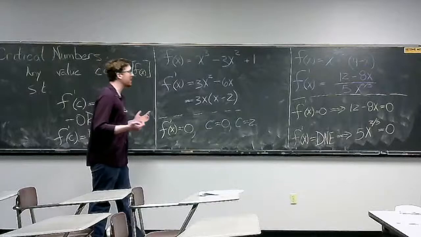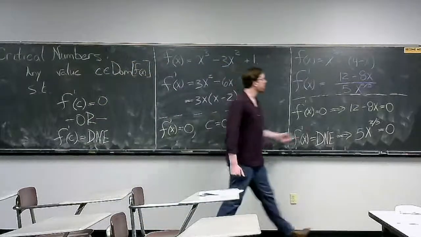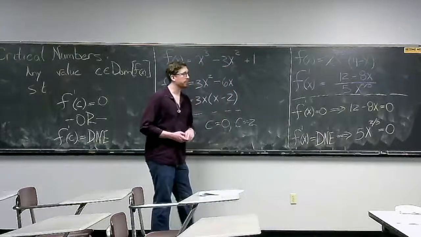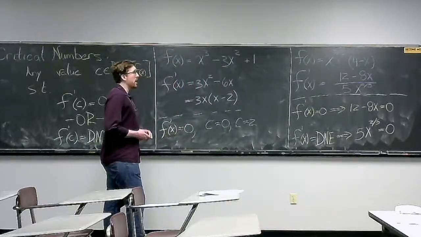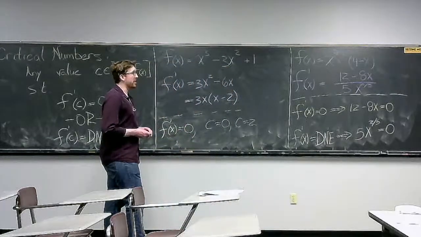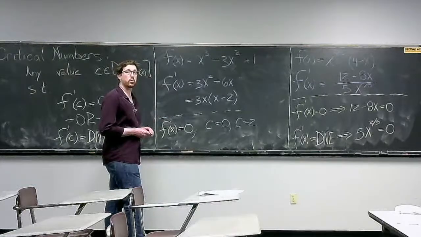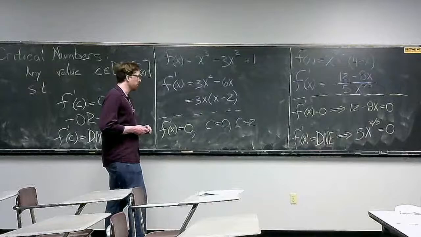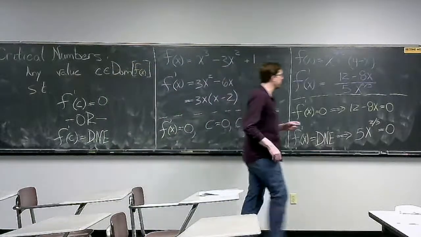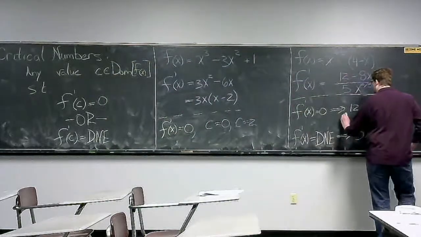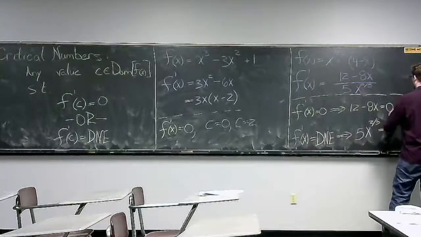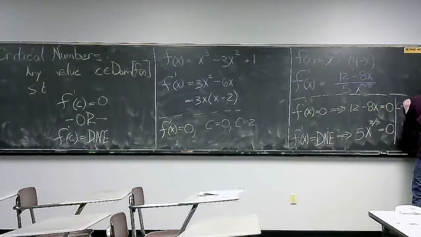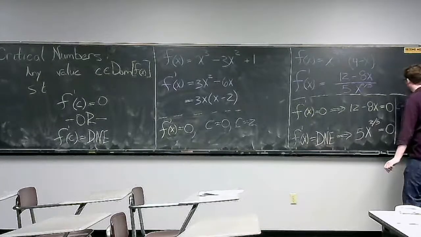So we're just going to set that numerator, 12 minus 8x, equal to 0. And when we do, we're going to find that x is equal to 3 over 2. So one of our critical numbers is equal to 3 over 2.